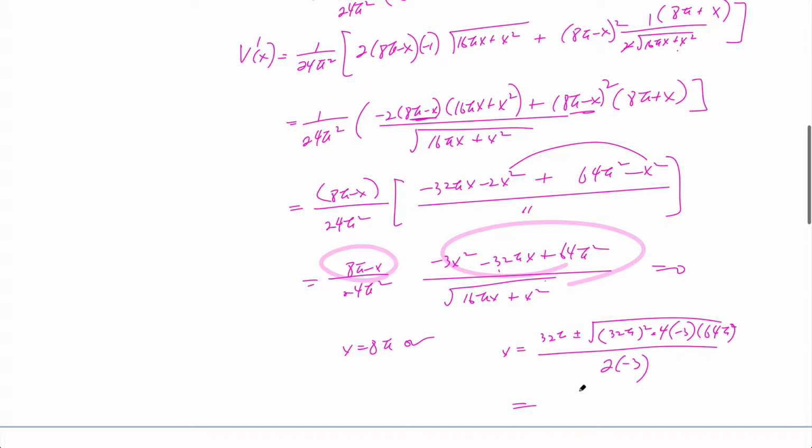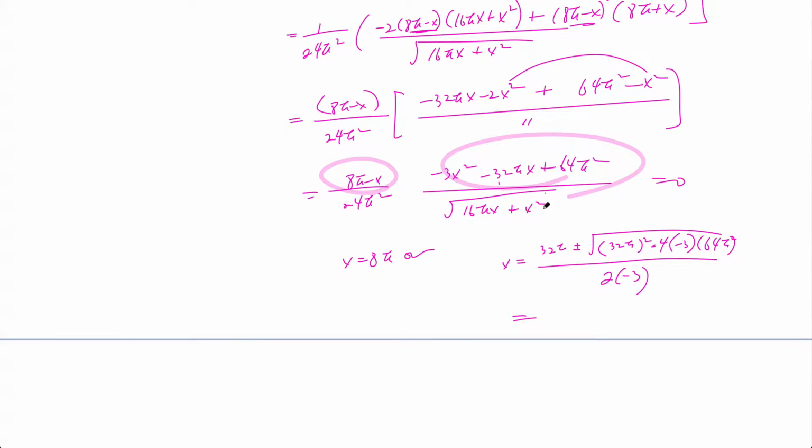Okay, let me punch this in the calculator. Maybe I can simplify this without a calculator. So 32 pi squared is 32 times 32 times pi squared.